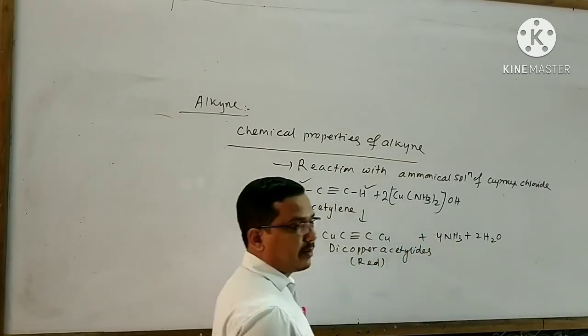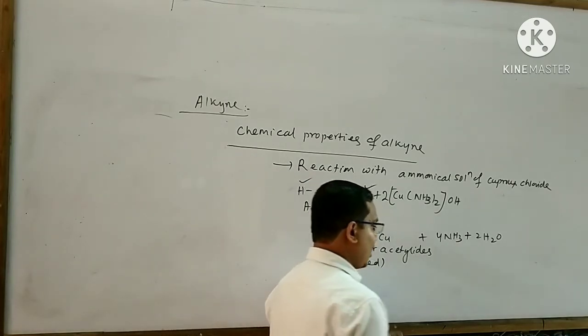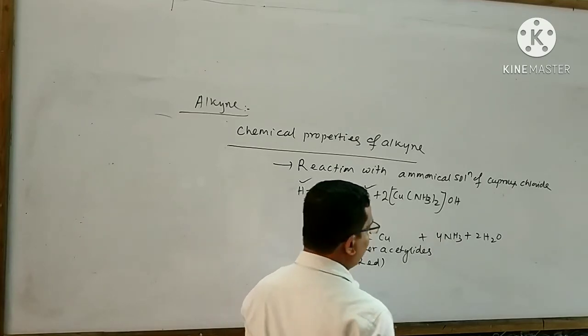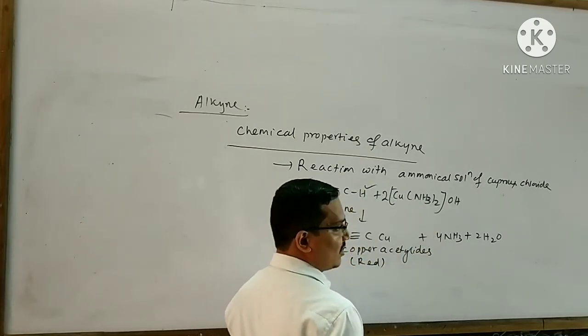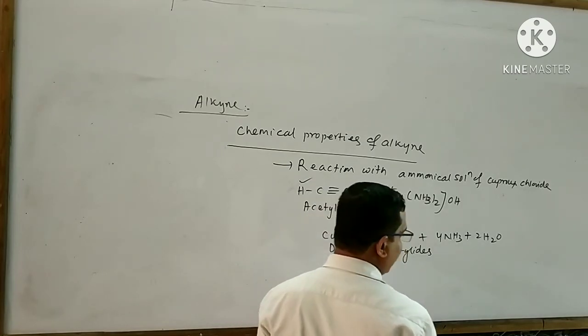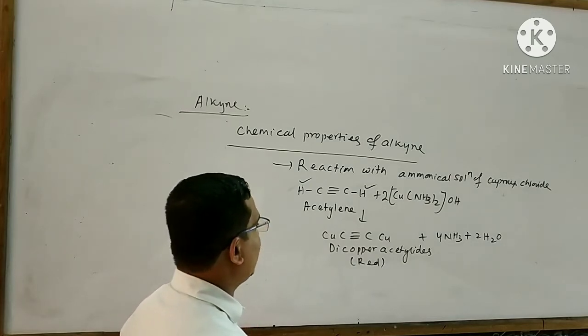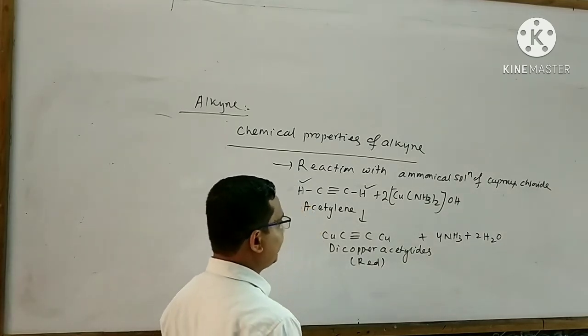I can give a statement for this reaction like this: acetylene reacts with the ammoniacal solution of cuprous chloride to form dicopper acetylide, which is found in red precipitate form. This reaction is also used for the distinction between alkene, alkane and alkyne.